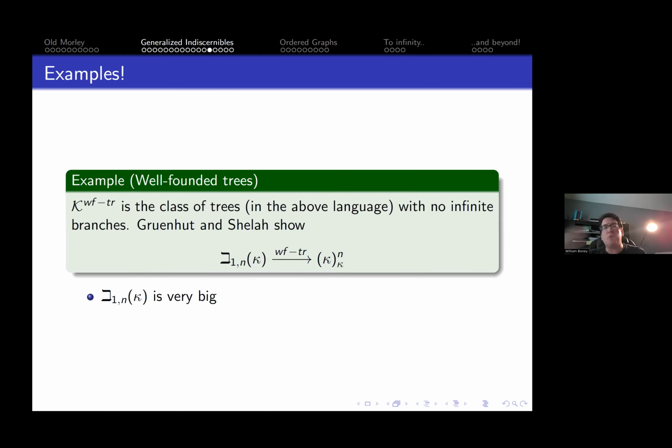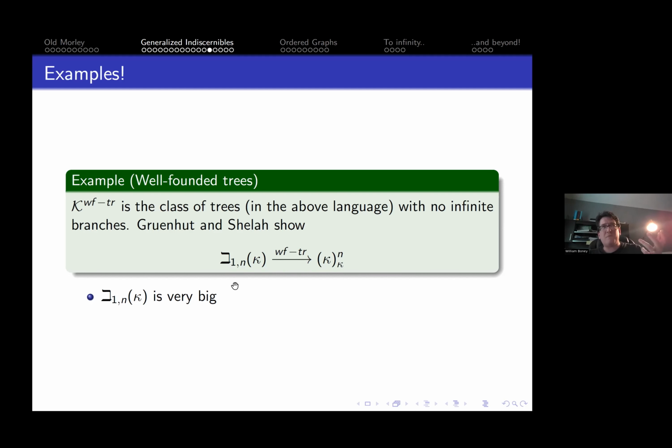There's also this result of Grünhut and Shelah that if you take well-founded trees, they have a really nice partition relation. I like to point out this example just because somehow this threshold cardinal is much, much bigger than any of the things before.